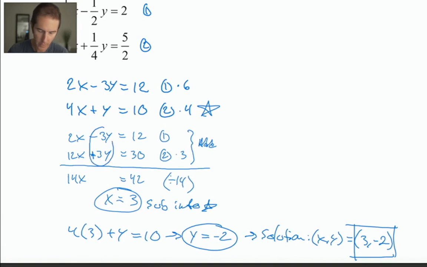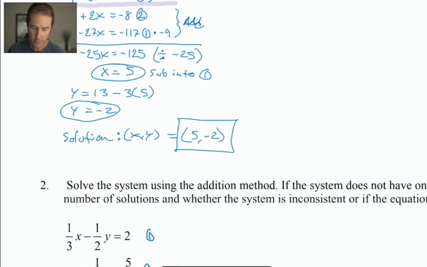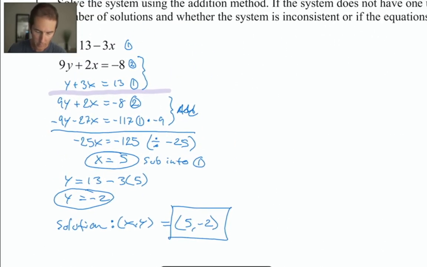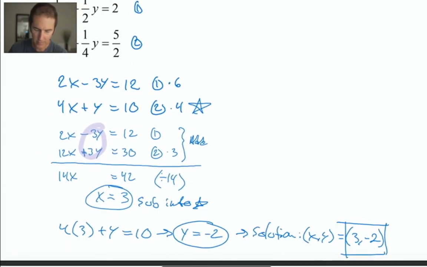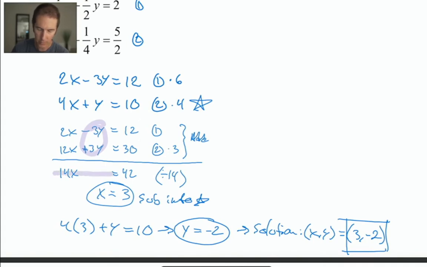So we've got a negative 3y and a positive 3y here, those added together and canceled out. In the previous problem, we had a positive 9y and a negative 9y. Those added together and canceled out, giving us one equation with one variable. That's easy to solve. Here they canceled and we ended up with one equation and one variable.